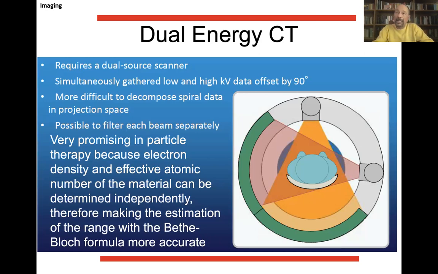But if you use dual energy CT, you can get much more information on the normal tissue, so you can determine independently the electron density and the effective atomic number, and then you can calculate directly the water equivalent path length. So dual energy CT can help to diminish the problem of the range uncertainty.